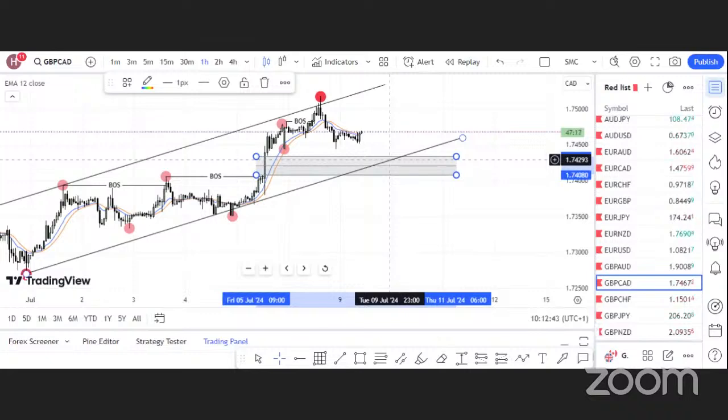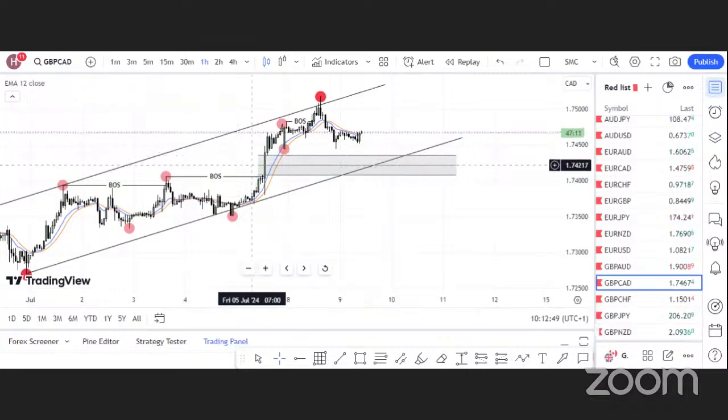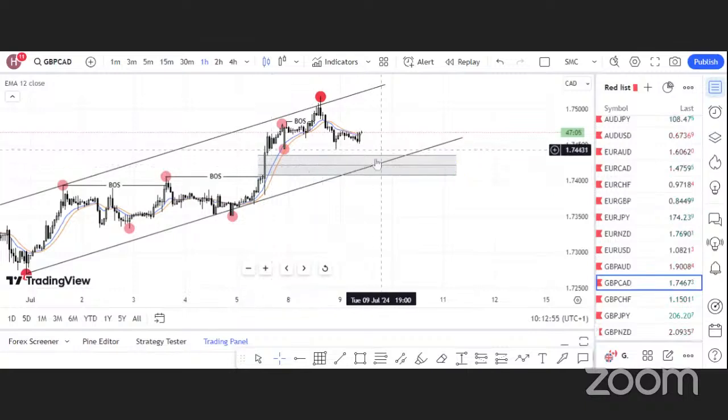All right. So from our displacement, which is our fair value gap, okay, I love to call it fair value gap, the fair value gap is also saying that this is the point where it's expecting the market to get to before it continues its bullish movement. Okay, so we have two confirmations already.